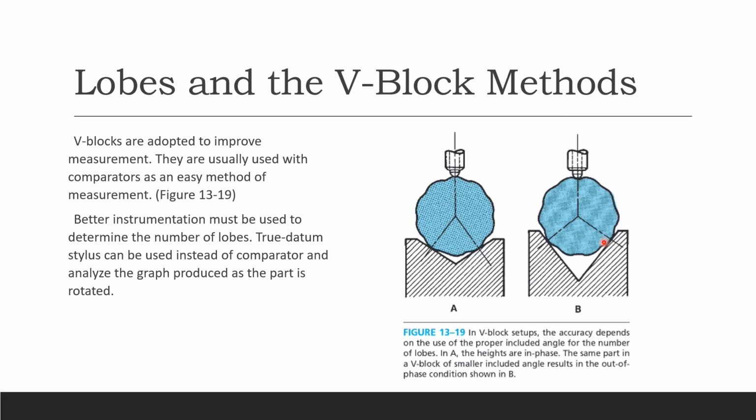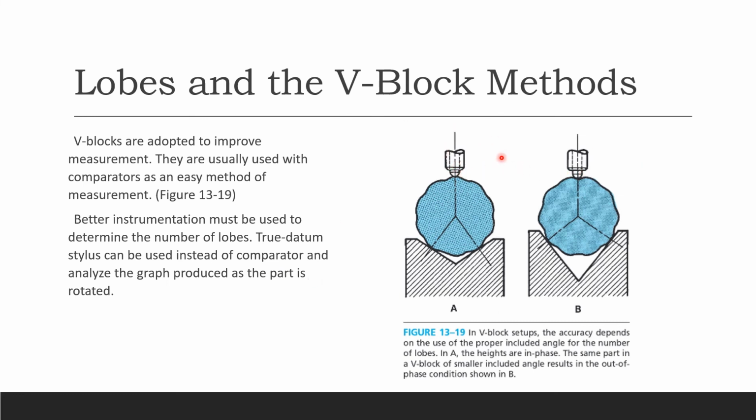Okay, V block. The V-block method is adopted to improve the measurement. A V-block is nothing but this little block right there that looks like a V shape. It's usually used with a comparator as an easy method of measurement, and better instrumentation must be used to determine the number of lobes. A true datum stylus can be used instead of a comparator. Here is your little stylus.